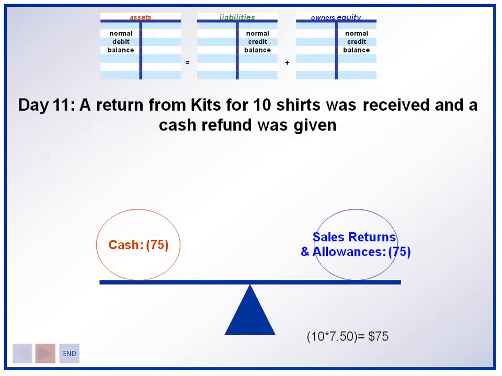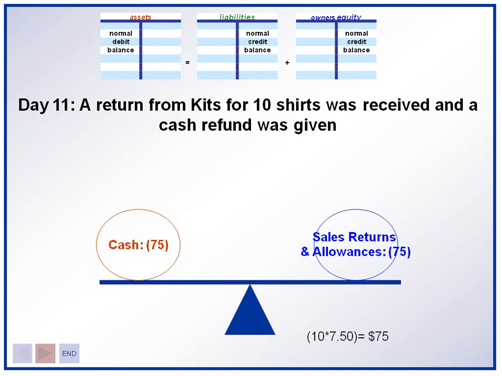On day 11, Kids returned 10 shirts for a cash refund. Two accounts are affected in this transaction: the cash account and the sales, returns, and allowances. The cash account is an asset account that is decreased by $75. The sales, returns, and allowances account is a contra owner's equity account.